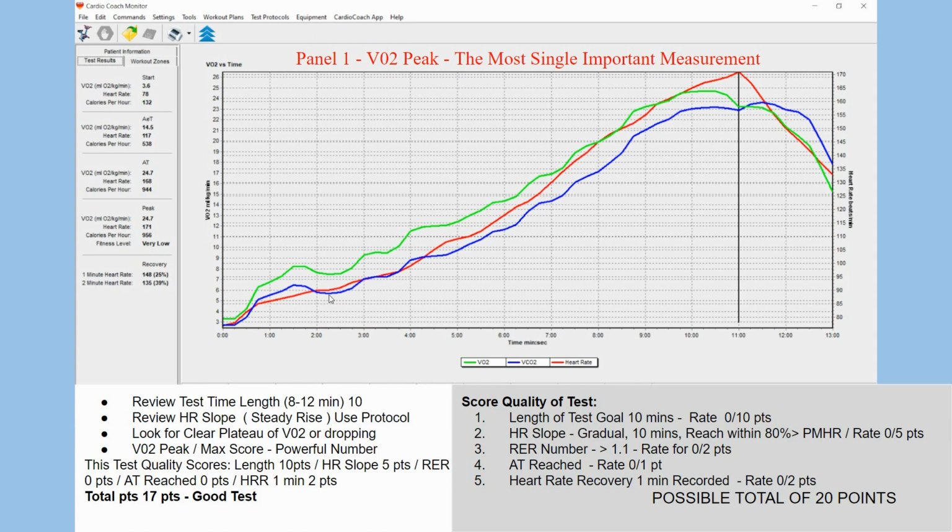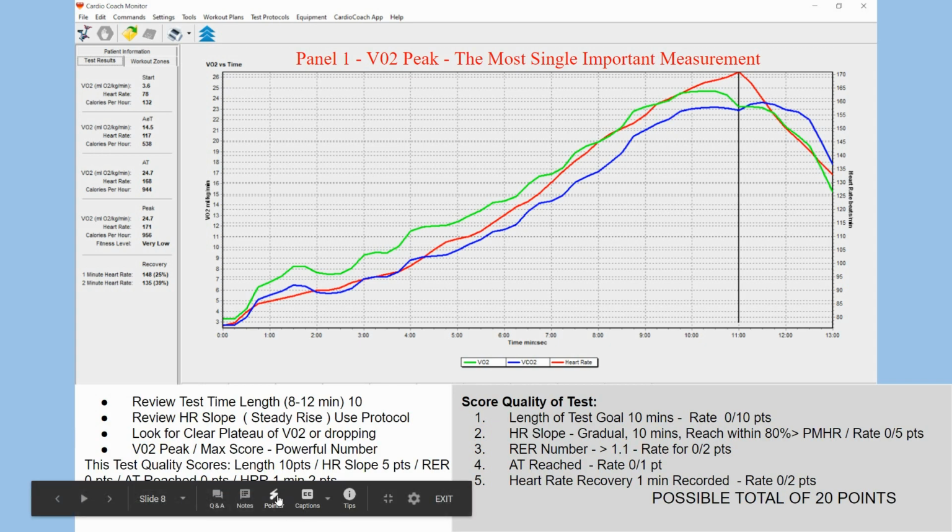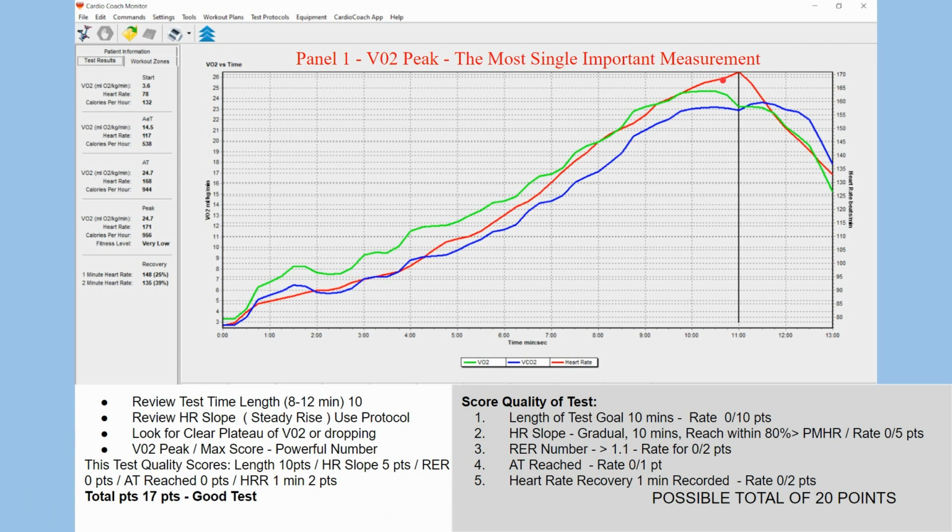It needs to have that gradual slope that goes up and hopefully reaches somewhere near the predicted max heart rate. So when we look at this test, we see a really nice gradual slope on it. So in this test, I gave it 5 out of 5. So now we got a 15-point test out of 20 points.